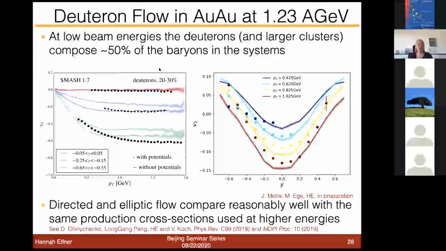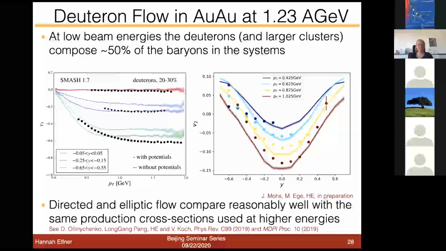Here we apply this microscopic mechanism to produce deuterons to low beam energies. So this is compared to the HADES data on deuterons. Here, this is V1 as a function of pT, and the other plot is V2 as a function of rapidity. And also there, the hard equation of state gives us the best description of the data. So one is always sensitive to these potentials and needs those potentials to describe the collective behavior in low energy collisions.